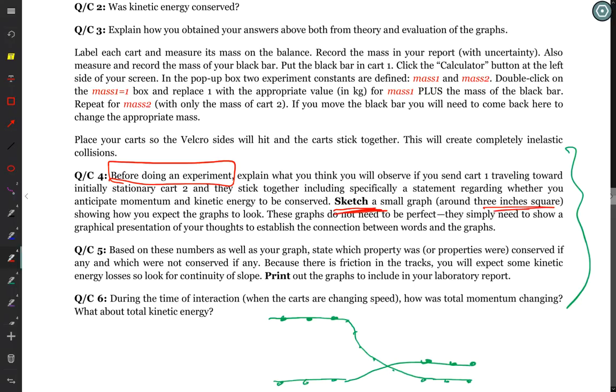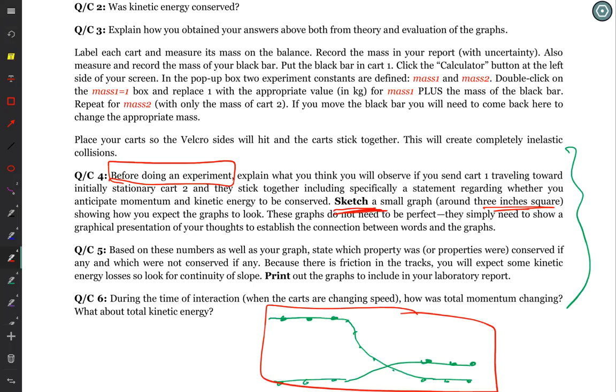Notice it's about a 3-inch square graph, something that's like that. Sketch what you think the momentum and kinetic energy graphs are going to look like. Now, these don't need to be perfect, and they only need to show this much data. Right? Nobody cares what's happening from the time before you push the cart until the collision occurs. All we care about is basically from a second before the collision to a second after the collision.